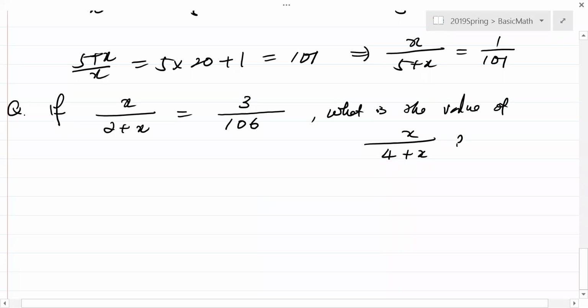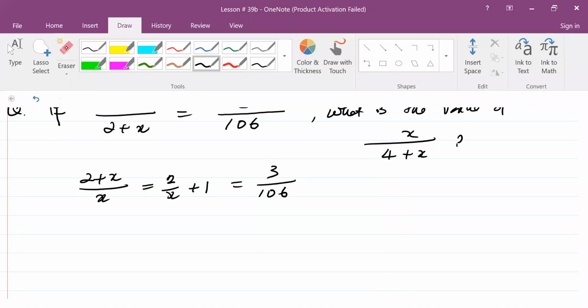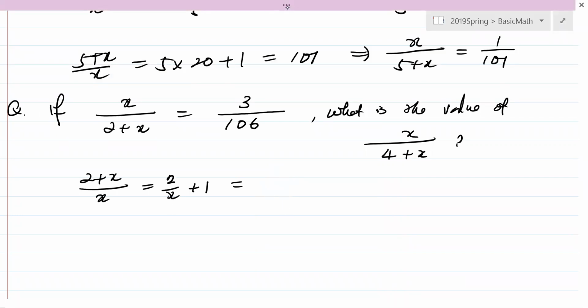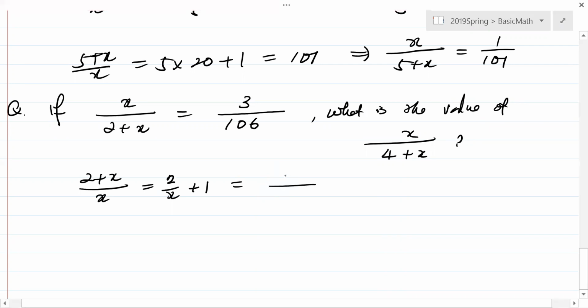Okay, anyone has an answer? And then 3 over 2. All right, so we can turn this upside down. 2 plus x over x, which is 2 over x plus 1, and it's going to be 6 over 3, right?